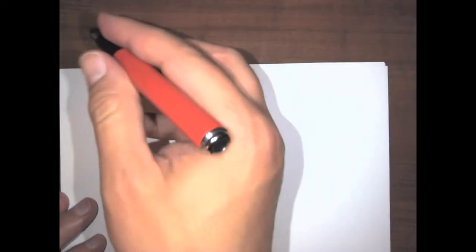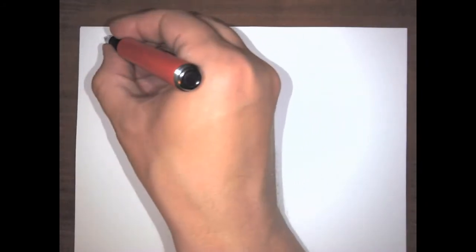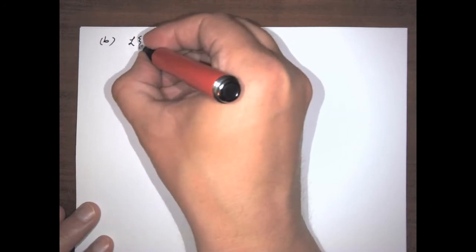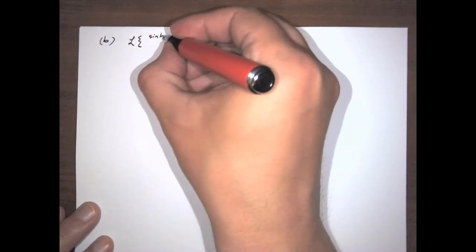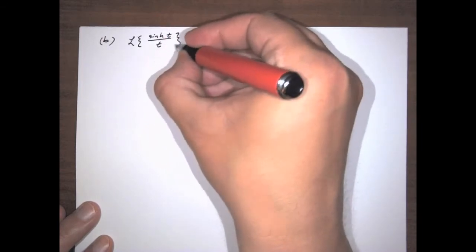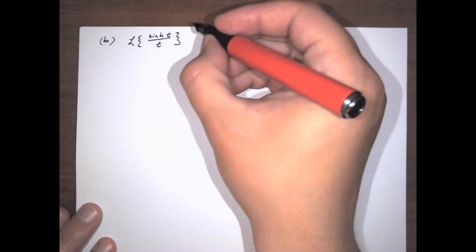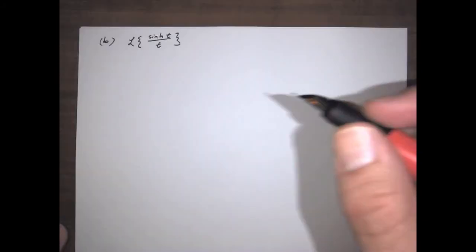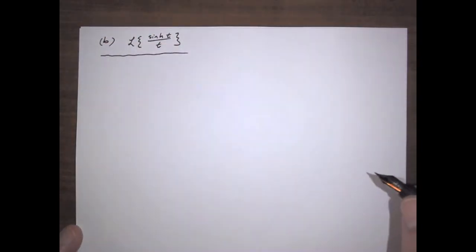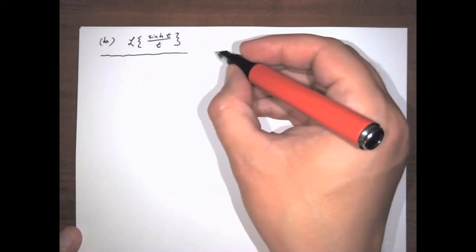Let's say, on the other hand, we had something where we had a fraction. For example, let's say we were interested in the Laplace transform of, say, sinh t divided by t, so the hyperbolic sine of t divided by t. So here we would be using the Laplace transform of f(t) over t formula.